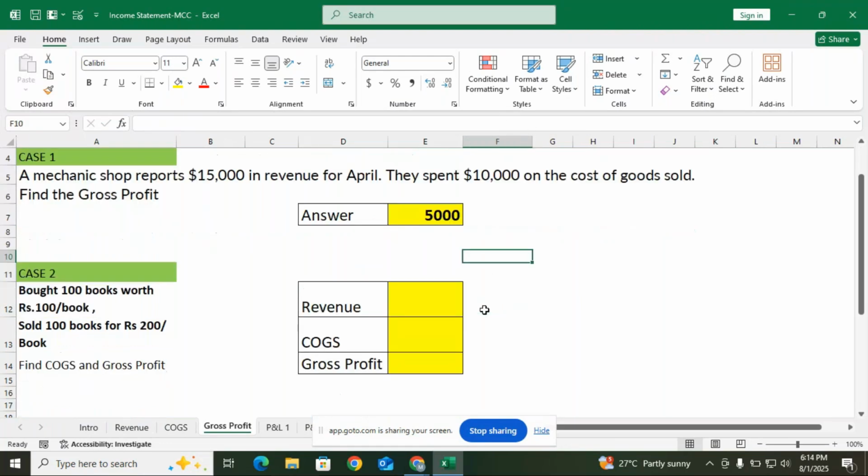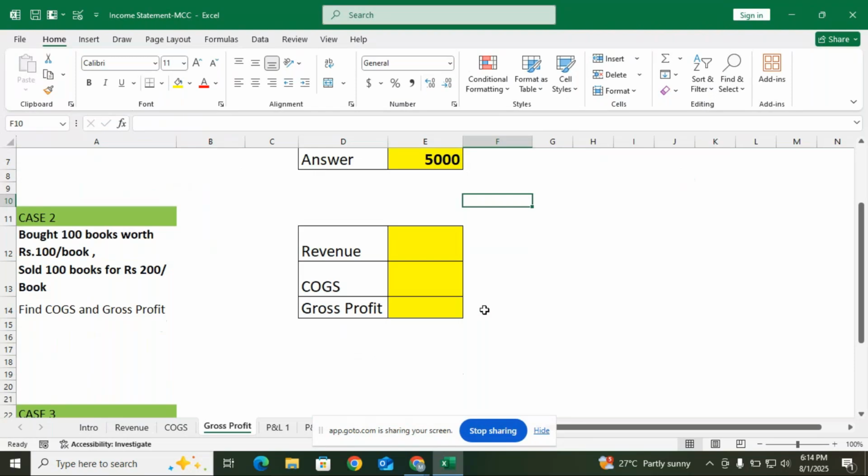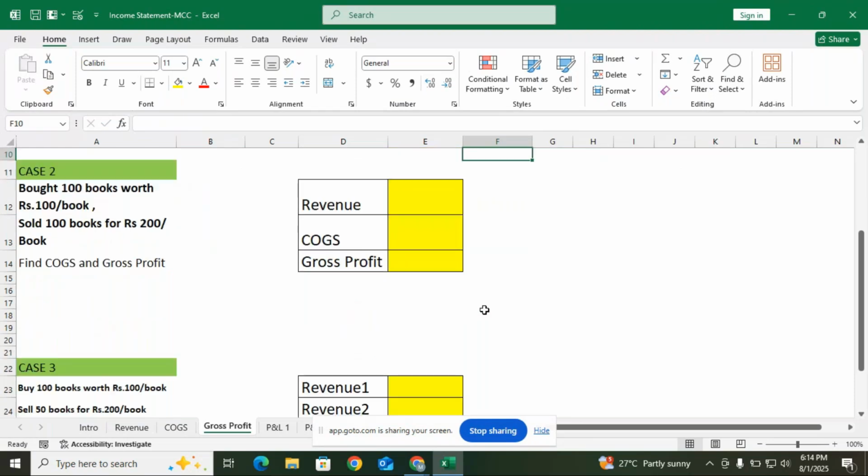The next case. What does the next case say?